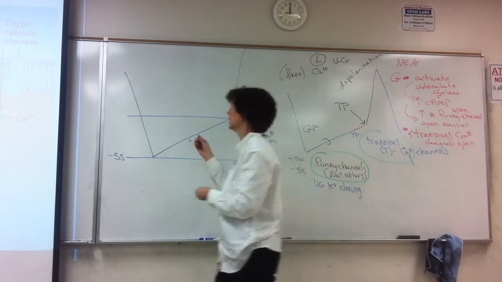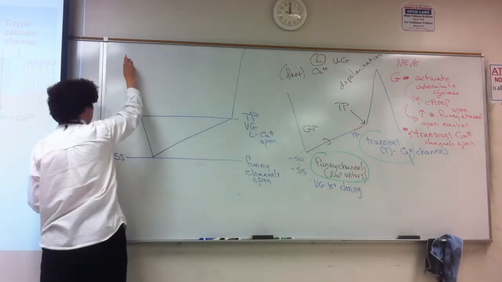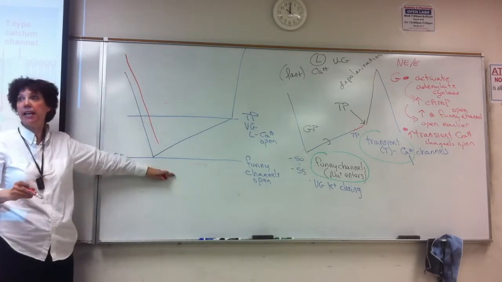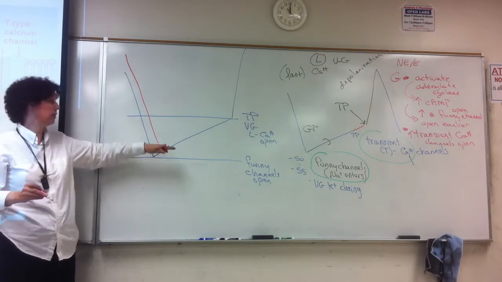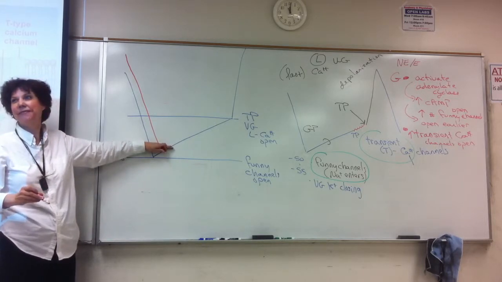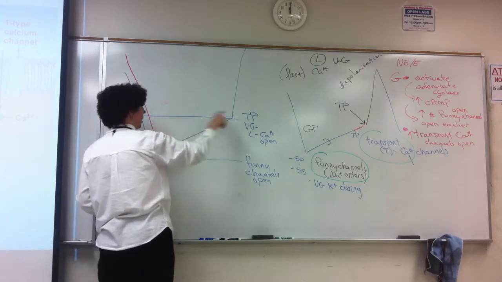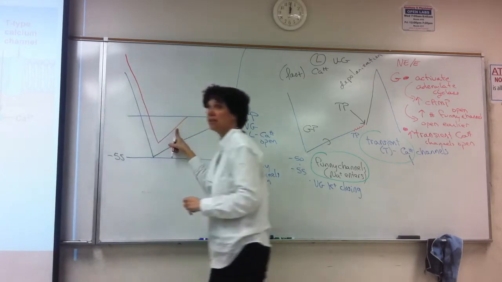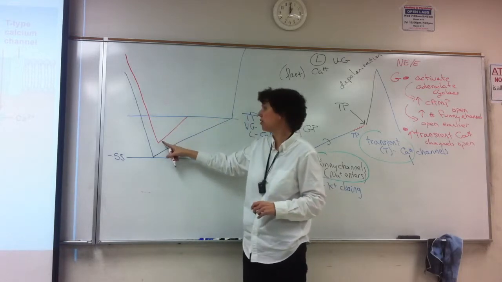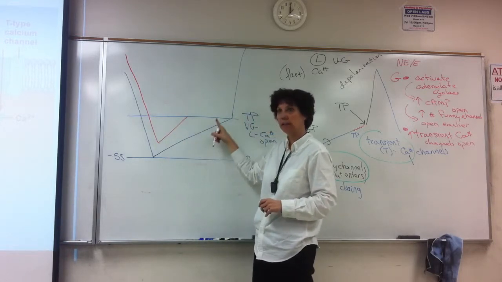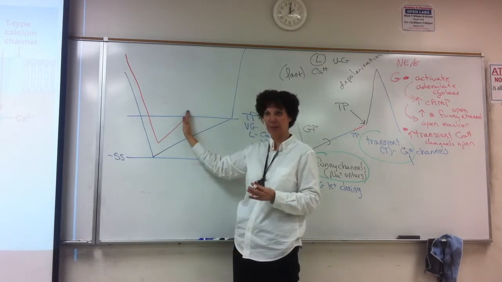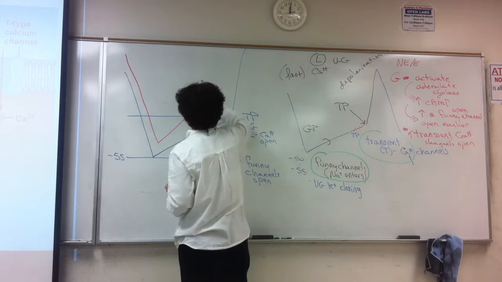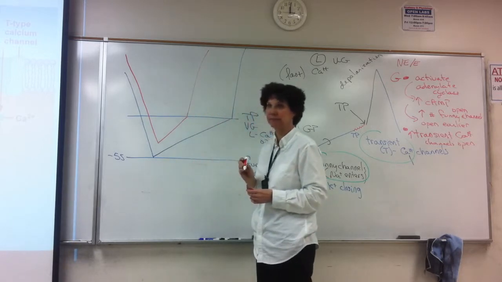Sympathetic effect: we don't have to reach as negative a level before funny channels open. Plus, our transient channels open earlier, so more calcium comes in. So it's not just that we do this earlier, we actually have a steeper gradient as well. So both of those effects will allow us to reach our action potential earlier.